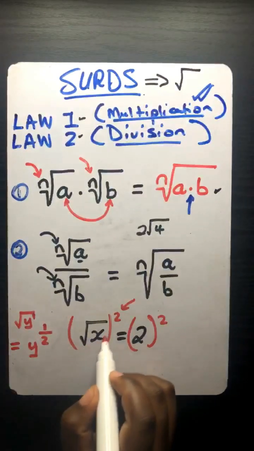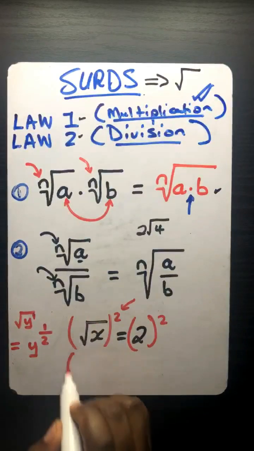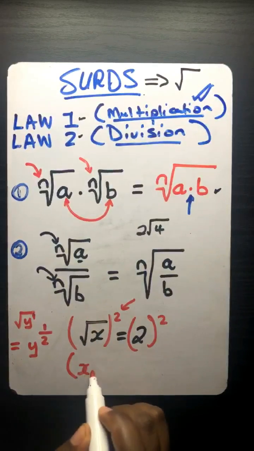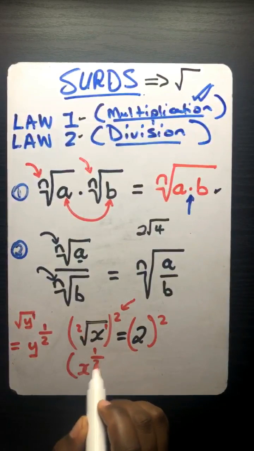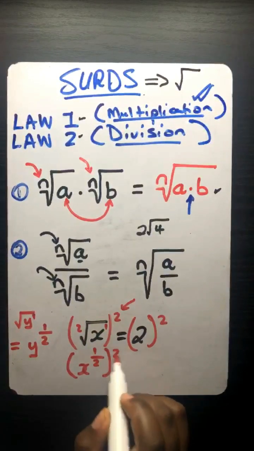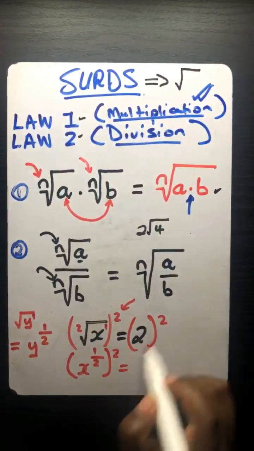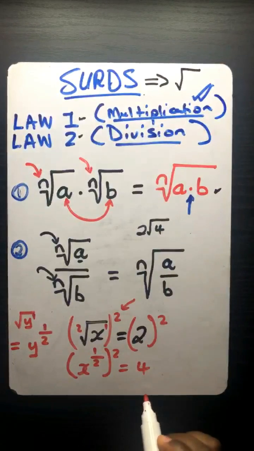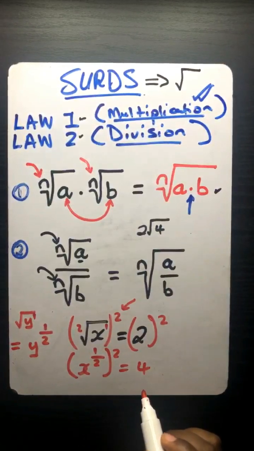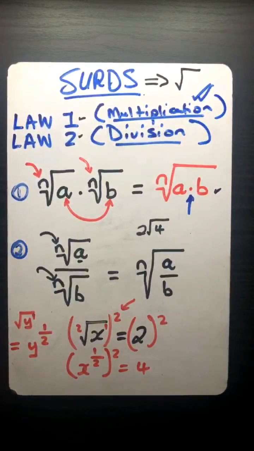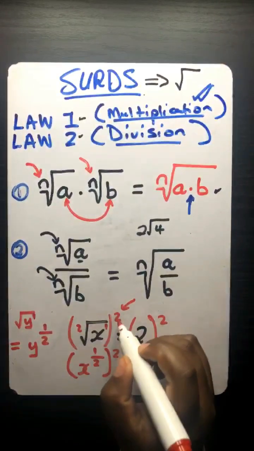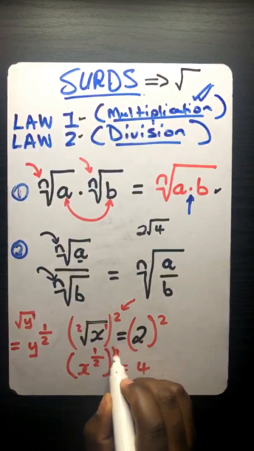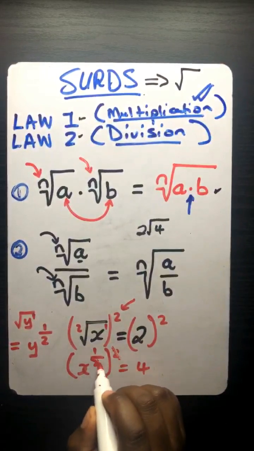So what I'm saying is that here it's more like you are having x to the power of invisible 1 over the invisible tail being 2, squared, and then obviously that gives you a 4, for example. So the reason why you remove a square root by 2 is because this 2 cancels with that invisible 2 from the tail.